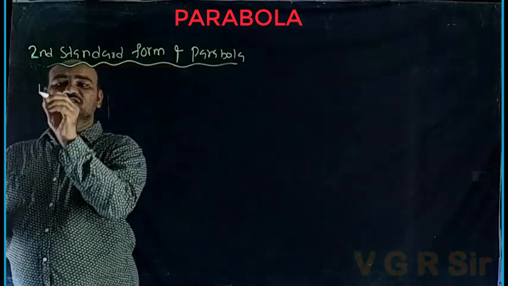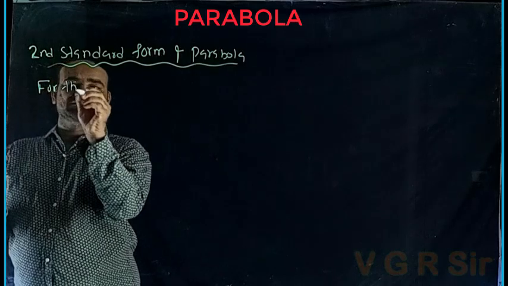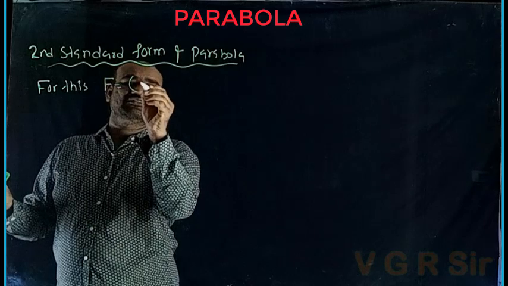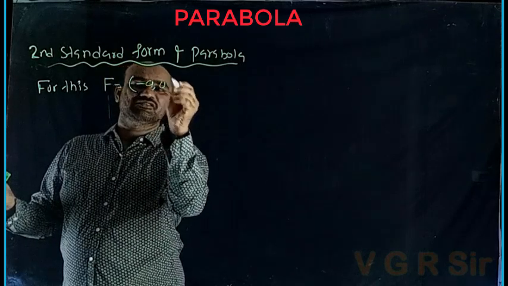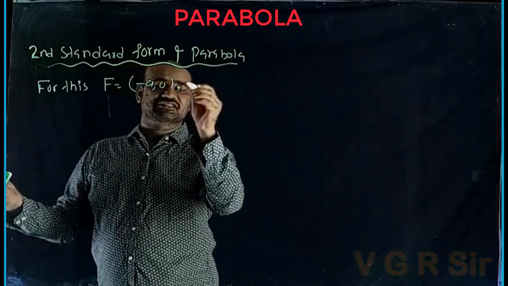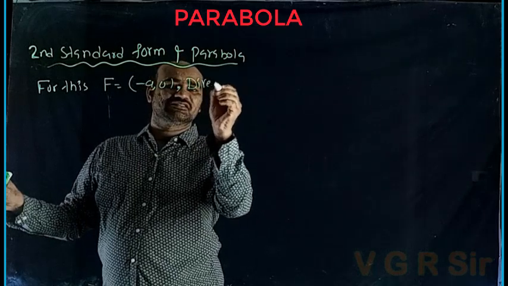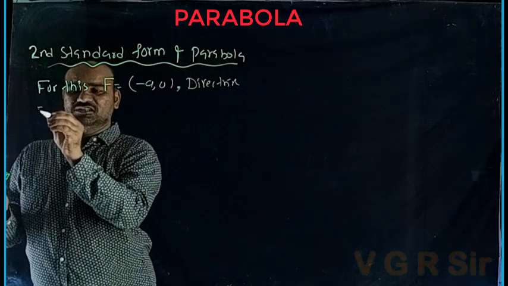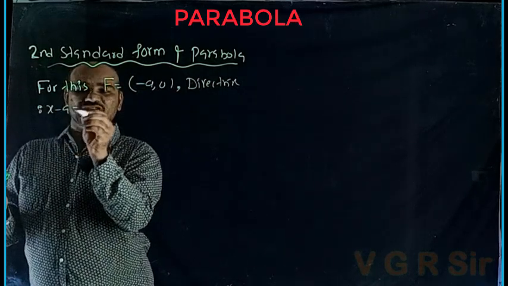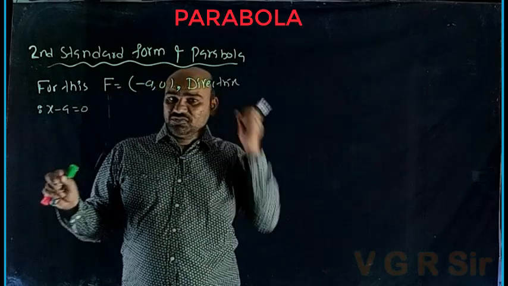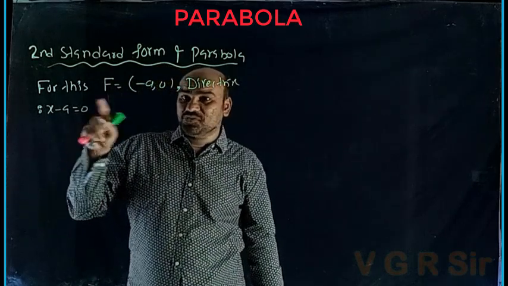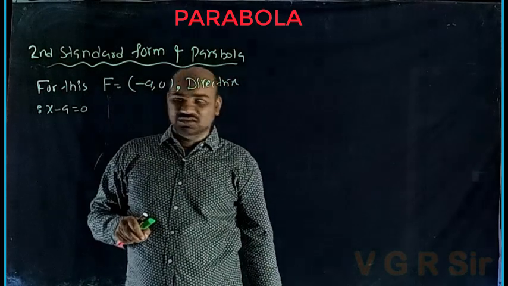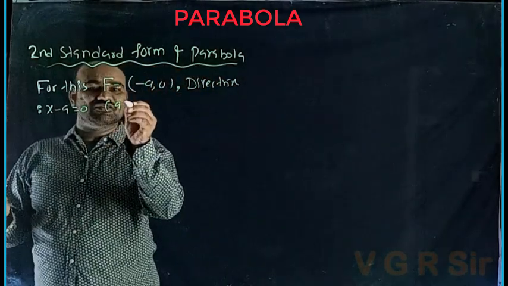For this, focus is taken as minus a comma 0 and directrix is taken as x minus a equal to 0. In the first form, x plus a equal to 0 was the directrix, now x minus a is the directrix. There the focus is a comma 0, here minus a comma 0. And provided a greater than 0 only.